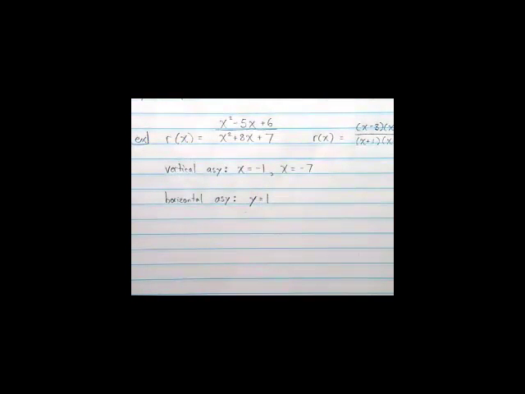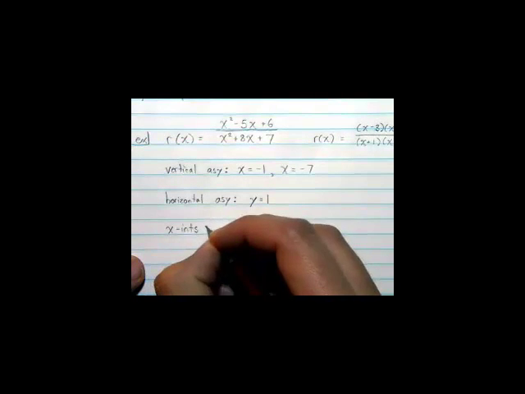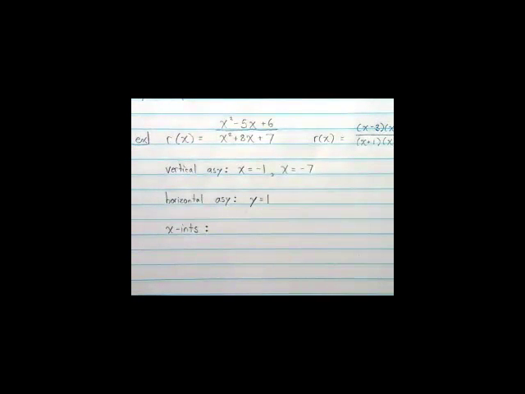Okay, so we got all of our asymptotes. Let's see, x-intercepts. So for x-intercepts, we said that's where f of x equals 0. So where do I want to look for that? The factored one. Yes.